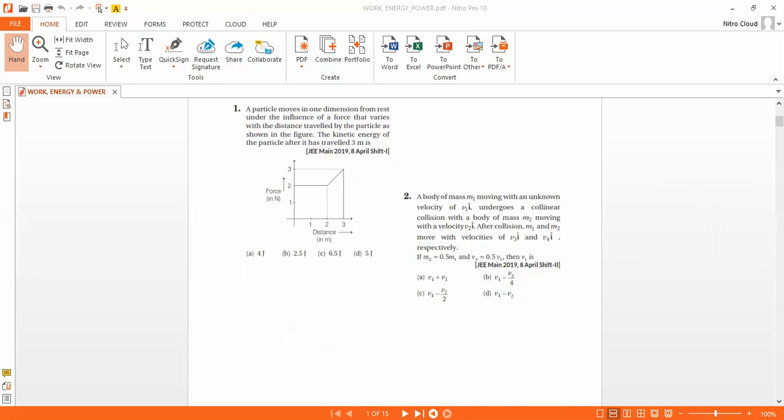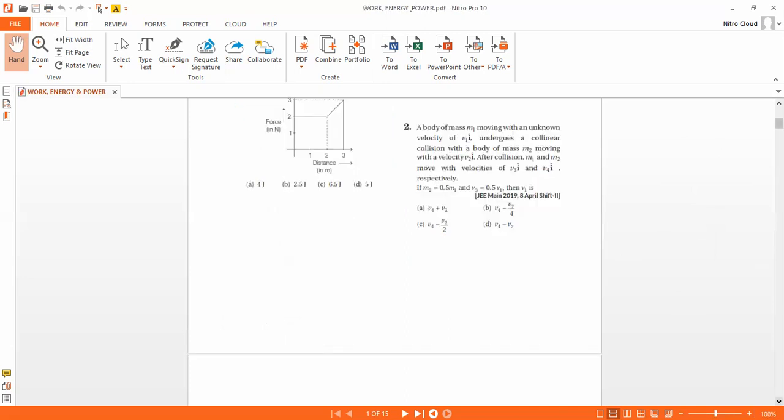We have a body of mass m1 moving with an unknown velocity v1 i cap along the x-axis, and it undergoes a collinear collision. Along that direction only, it collides with another body moving with a velocity v2. After collision, m1 and m2 move with velocities v3 i cap and v4 i cap.